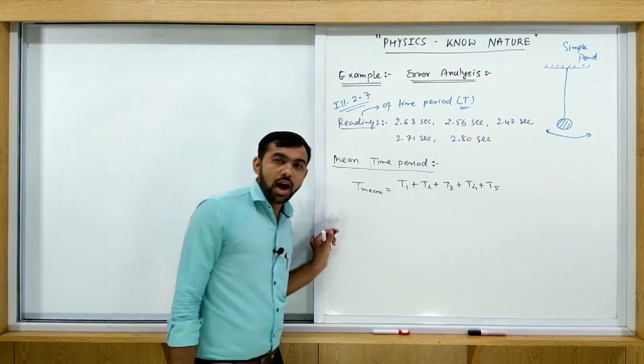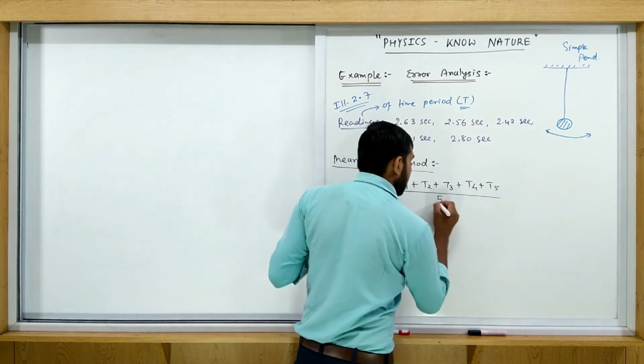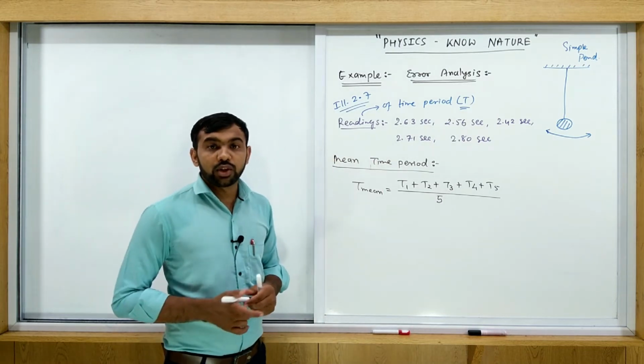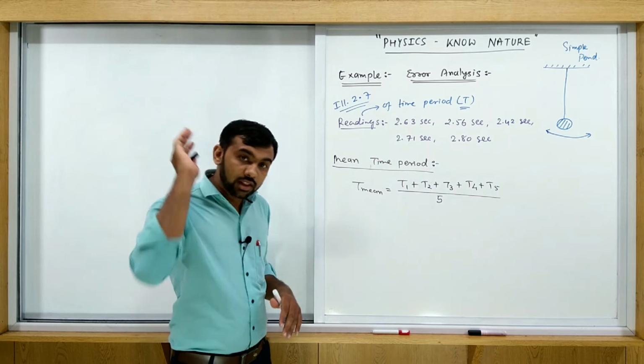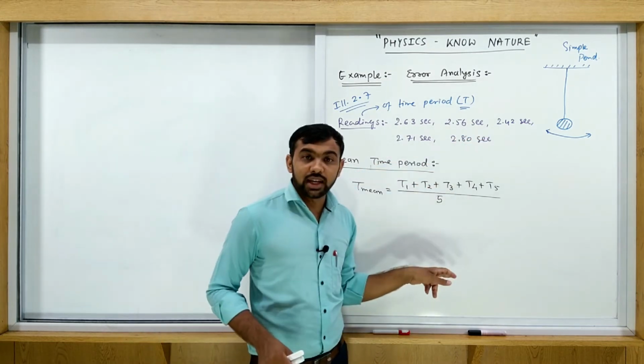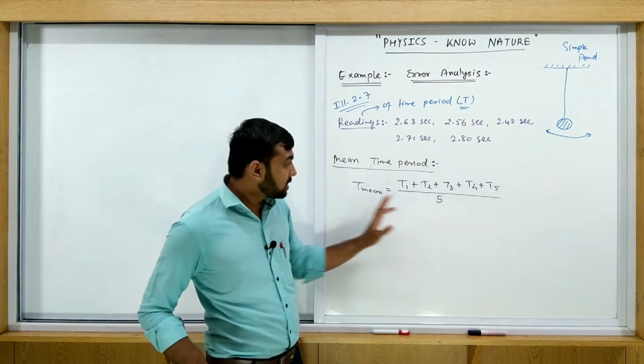How many readings do you have? We have 5 readings, so divide by 5. In theory, the mean value is A1 plus A2 up to AN upon N. Which one is the last term? 5. So divide by 5. This is the mean value.